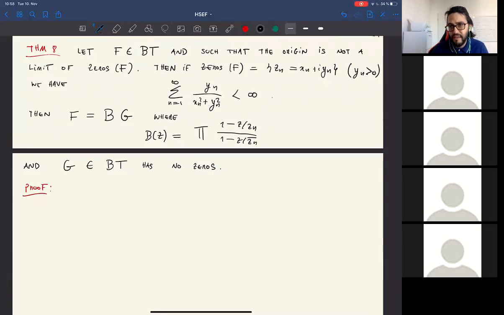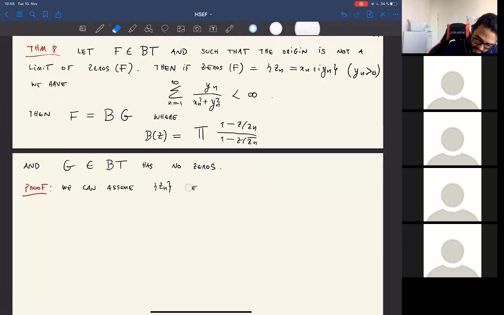So therefore g would be of bounded type, and g would have no zeros. So that would be easy. So we can assume the number of zeros is infinite. Well, I'm even assuming here in the condition. Yes. Okay. Great.